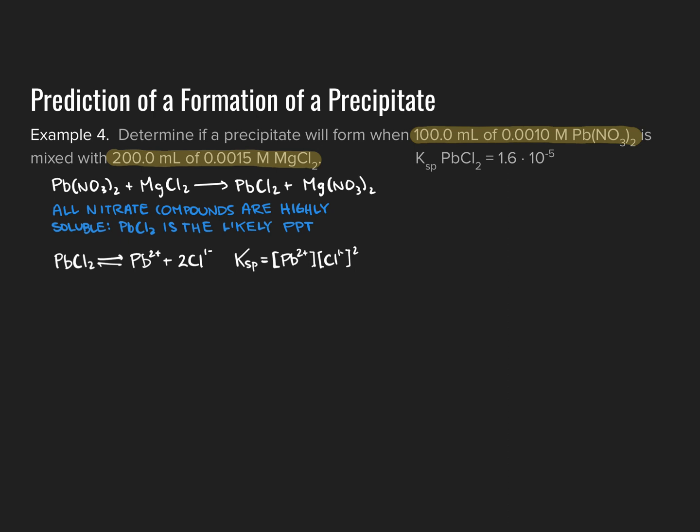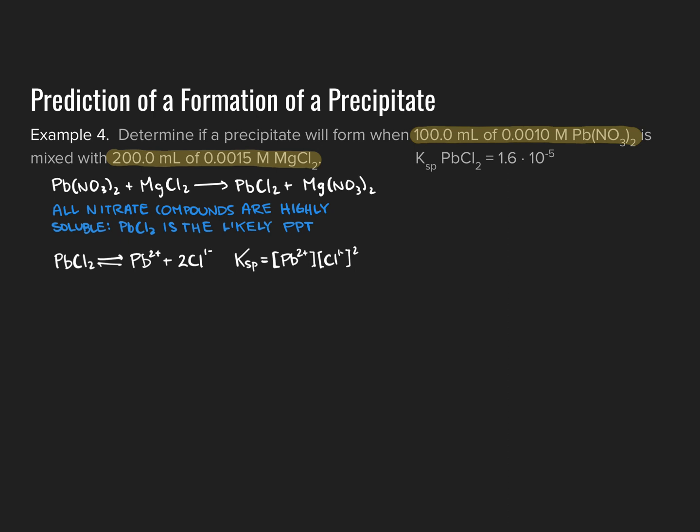So with that plan in mind, as a starting position, consider that when we mix these two solutions together, the total volume of the solution is going to increase, and as such, the concentrations of all ions present in the solution will decrease according to our dilution equation. So as a starting point for this calculation, I want to determine both the concentration of the lead-2 ion in solution, as well as the concentration of the chloride ion, so that I can solve for my Q calculation.